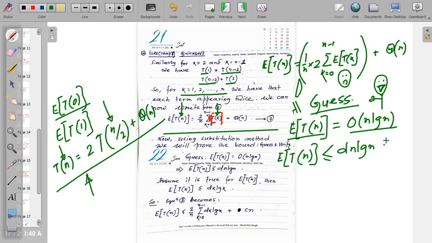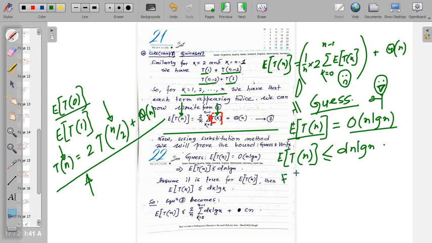Now inside this summation it is expectation of Tk. What do we have to do in this substitution method? We have to assume that it is true for lesser values of n. Lesser value means it is true for k.